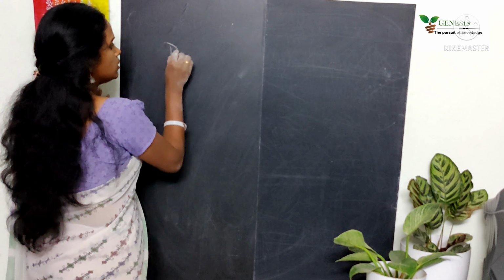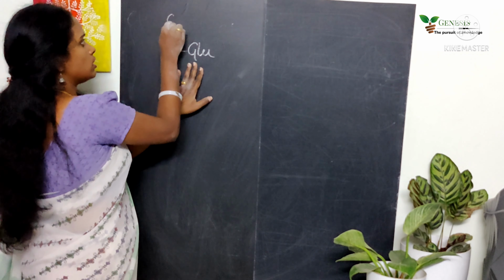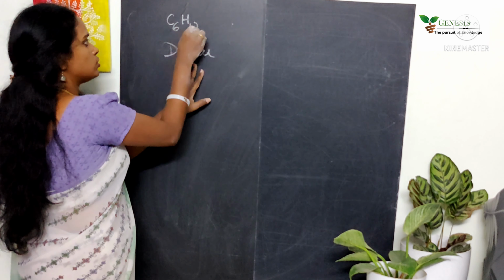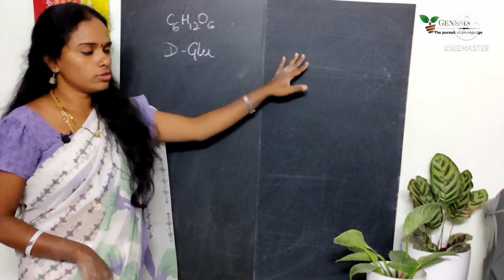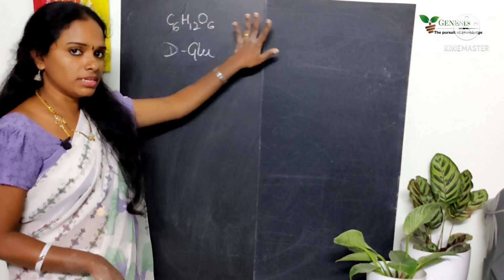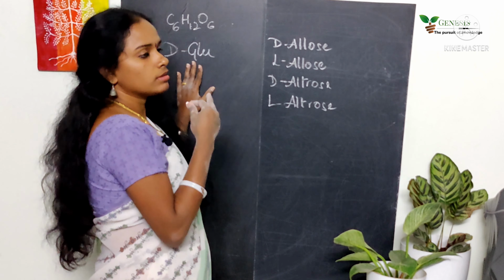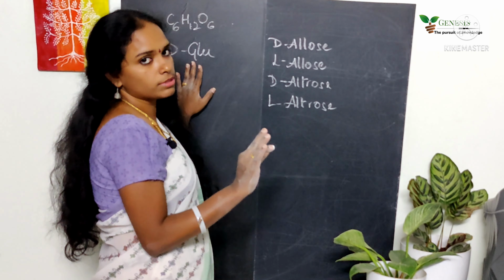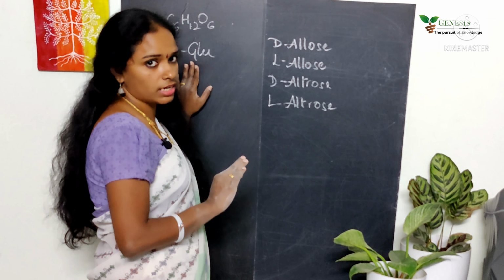For example, we have D-glucose, which has the structural formula C6H12O6. All the remaining aldohexoses also have the same structural formula, right? So let's see what the remaining aldohexoses are. Next, D-glucose. We should not write L-glucose here because those two are enantiomers.